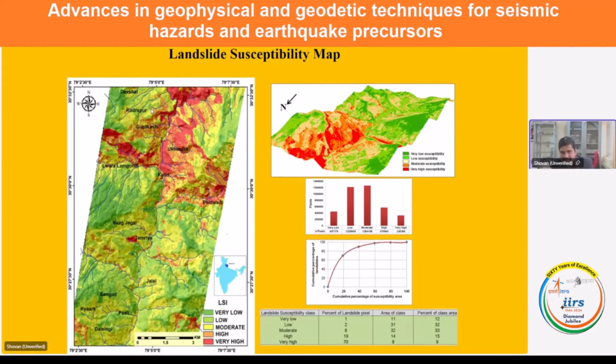There has to be a match. If this match doesn't come properly, if there is a disruption in this precision, then your ROC value will come low. That means you will have a low accuracy map.